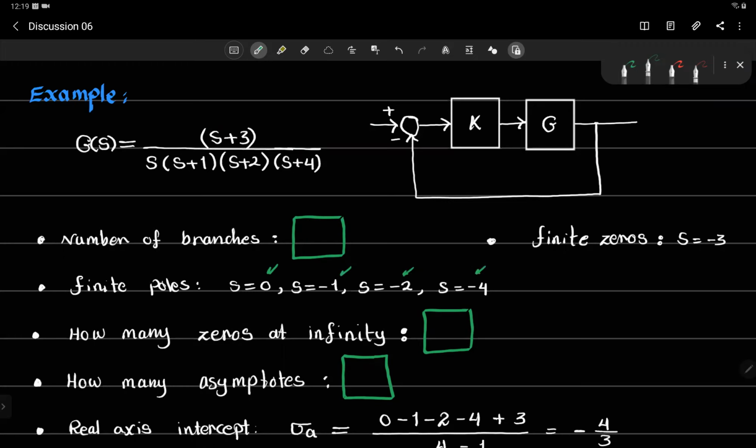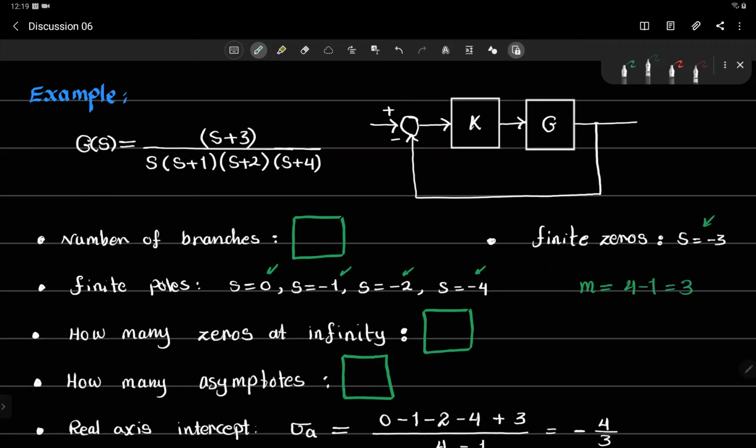And then we have only one zero, at -3. And so the total number of finite poles is 4, and the total number of finite zeros is 1, which means that m is going to be equal to 4 minus 1, which is equal to 3, right?